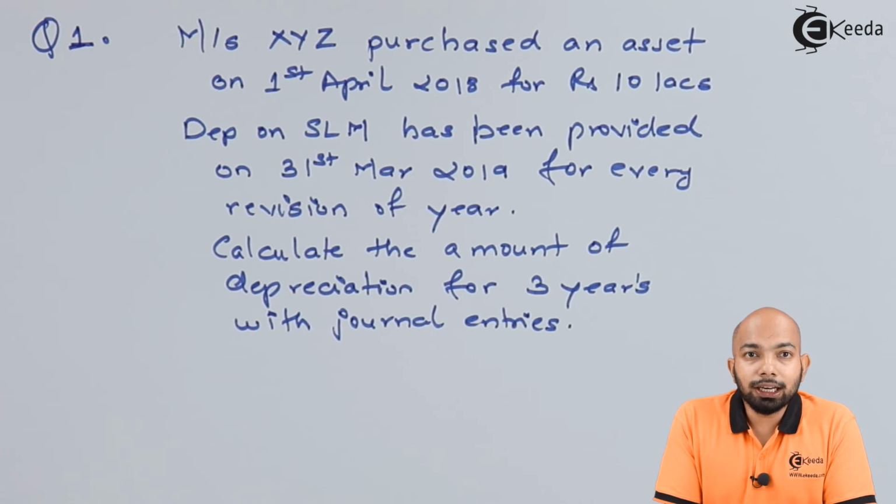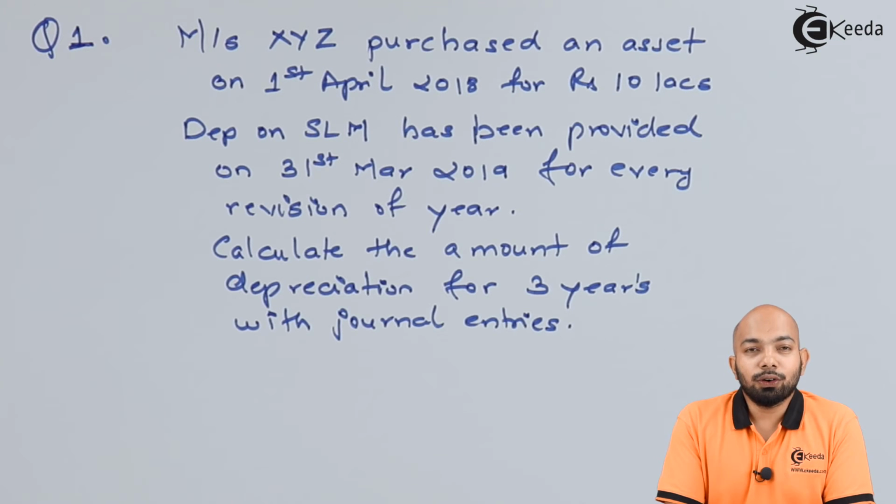I've mentioned accumulated because I want to show you how depreciation can be charged with both these methods, either if the provision has been created, or if there is a direct deduction from the asset value.